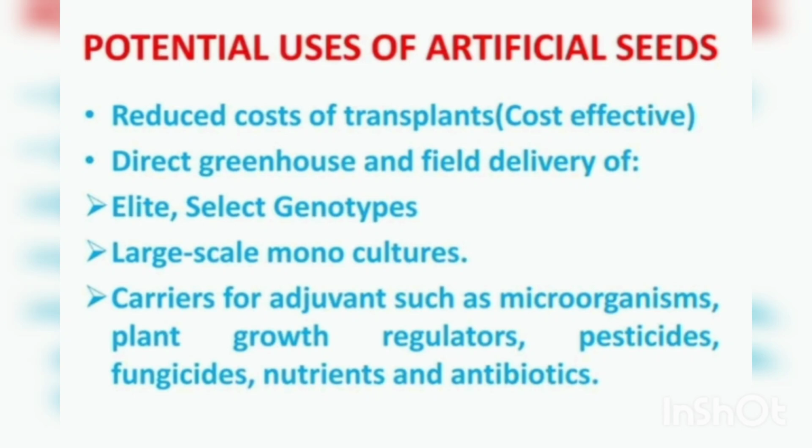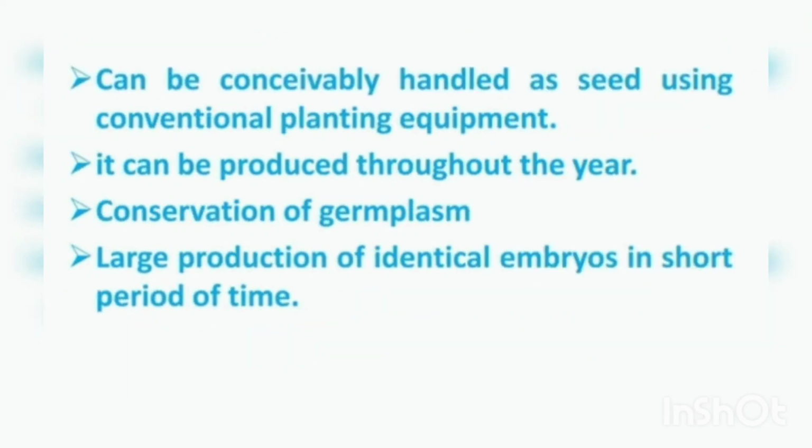Then large scale monoculture, as we have seen that in tissue culture we get clone-like individuals, so monocultures can be produced on a large scale. By adding adjuvants like microorganisms, pesticides or fungicides, there is no need for extra effort for adding all this. They can be conveniently handled because they are very easy to transport.